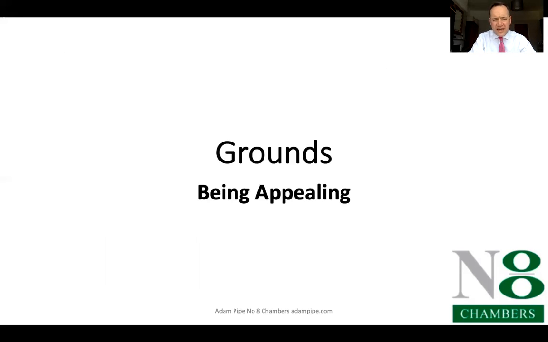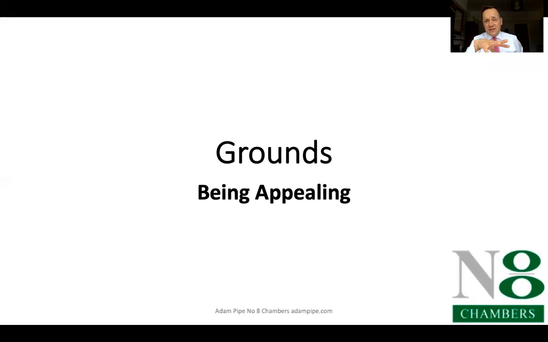Let's move on thirdly then to grounds of appeal. And being appealing is my subheading here. We want to gain permission. We want to see our appeals successful. And the biggest issue and the sort of headline in this area is avoiding the long, rambling disagreement.